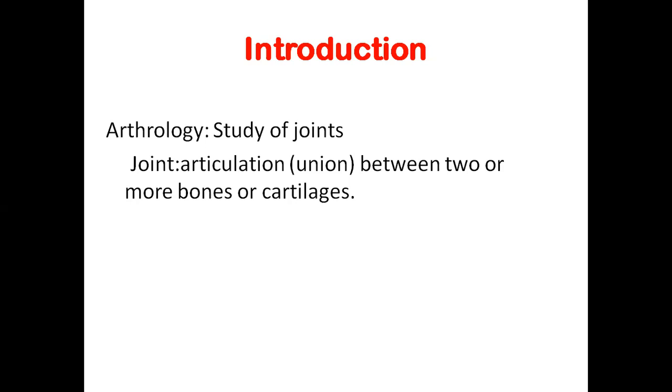Sometimes there will be a union between two bones. In other cases, there will be union between more than two bones. Or in some cases, the bone is united with the cartilage, and that joint is called the cartilaginous joint. An example will be given and explained later in the lecture.